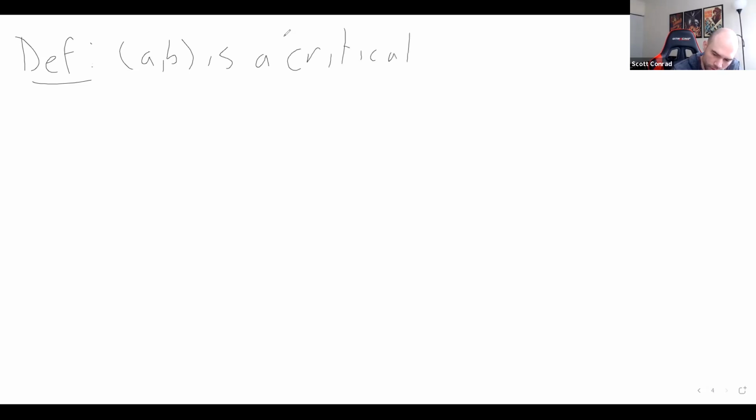Sorry, let me define what these guys are. So we say a point is a critical point, just like for functions of one variable.